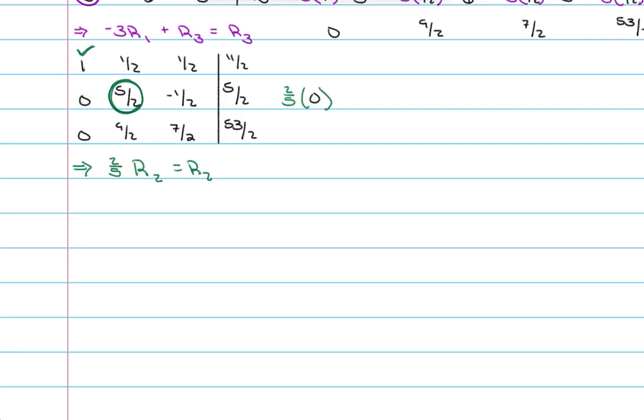Okay? Then I will do 2/5 times 5/2. Then I will do 2/5 times negative 1/2. And then I will do 2/5 times 5/2 again. Okay, so that's the arithmetic that I'm going to do for my second row. First row is going to stay completely the same.